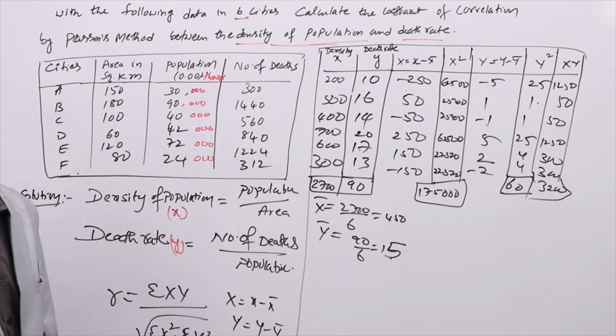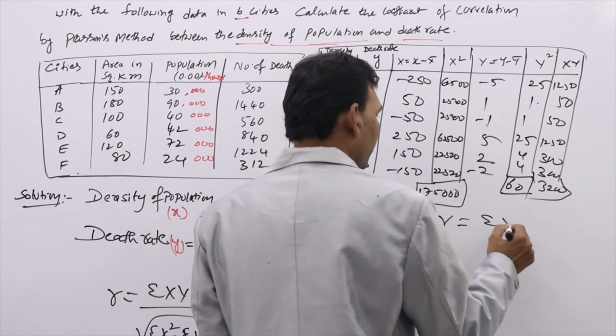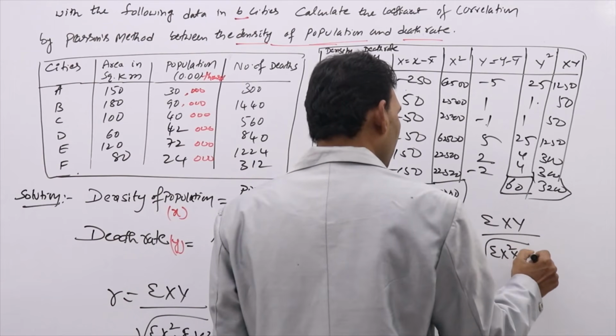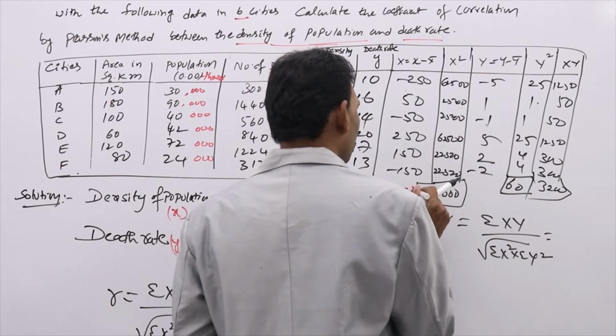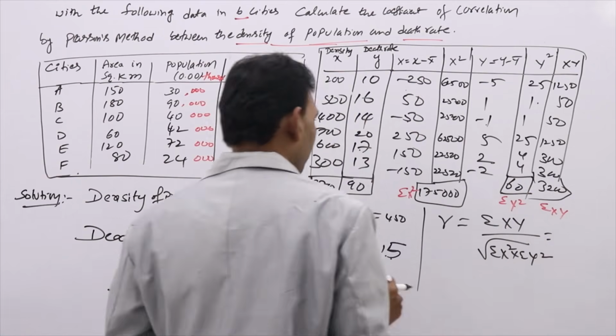Sigma xy. Now we need to calculate coefficient of correlation, small r equal to sigma xy by square root of sigma x square into sigma y square. So this is sigma x square, sigma xy, sigma y square.